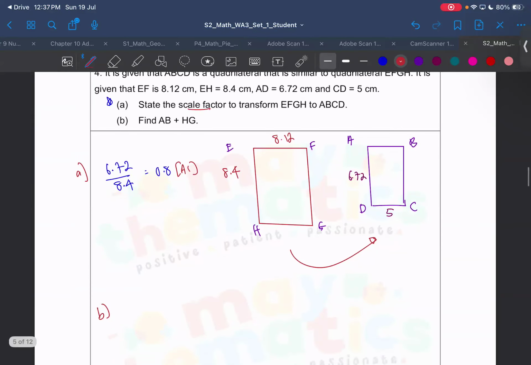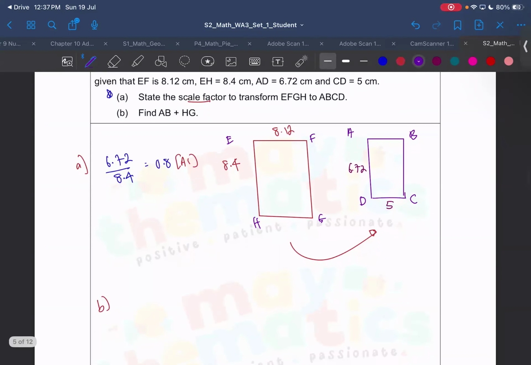I put EH and AD as ratios, in the calculator. Put the ratio as EH is 5, AD is 4. But how do you know it's 5 and 4? Just put it in the fraction, 8.4 divided by 6.72. Oh, that's what you mean. Okay, can.